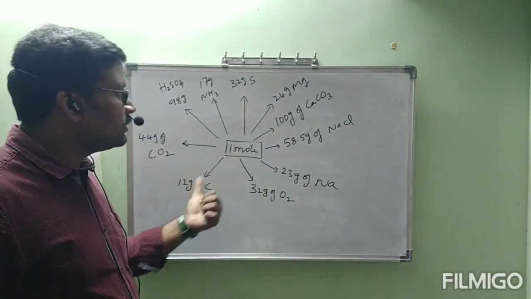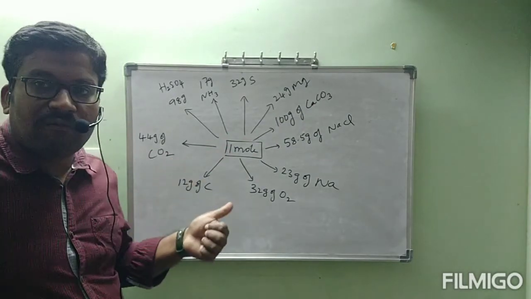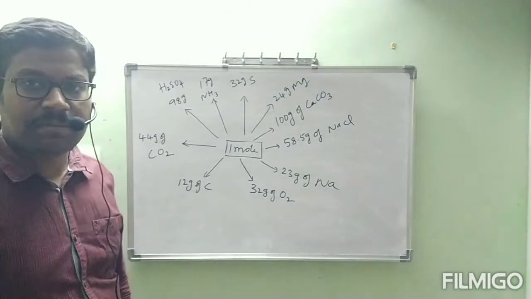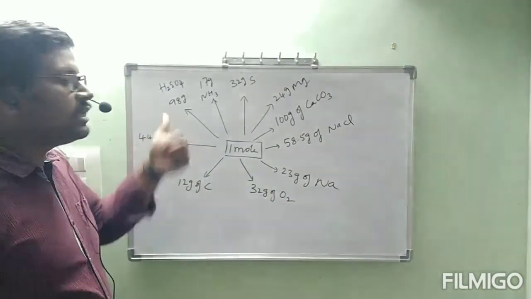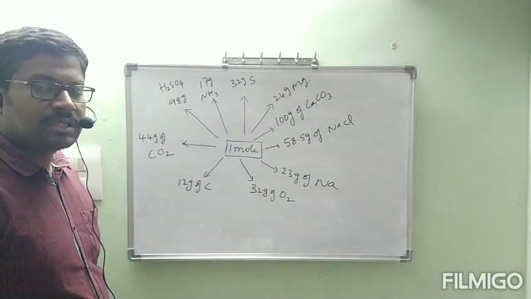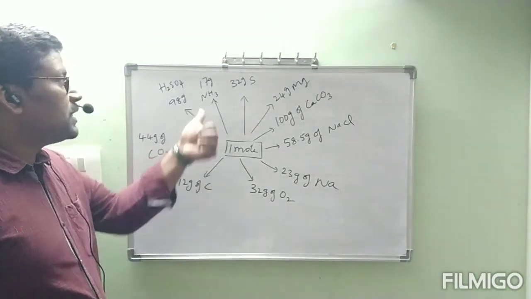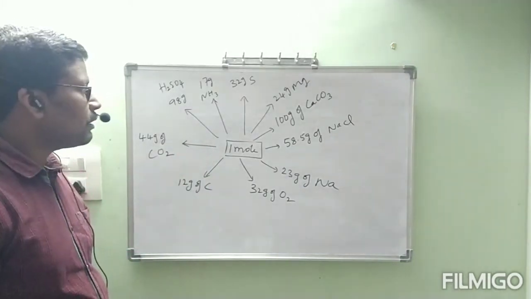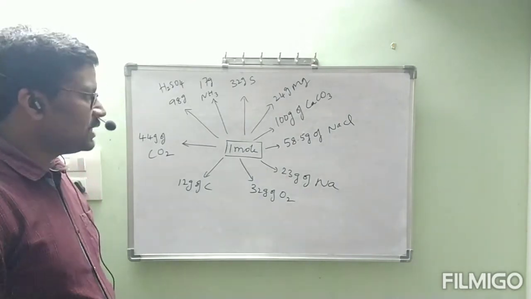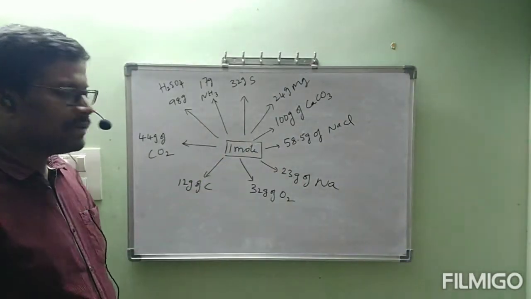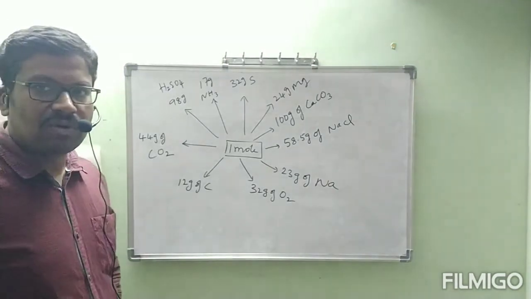This is an element, this is also an element. Next, 44 grams of CO2 contains 6.023 into 10 power 23 CO2 molecules. 98 grams of H2SO4 contains 6.023 into 10 power 23 H2SO4 molecules. 17 grams of NH3 contains 6.023 into 10 power 23 NH3 molecules. Like that, all are contained by 1 mole. Okay? That is about these 4 definitions.